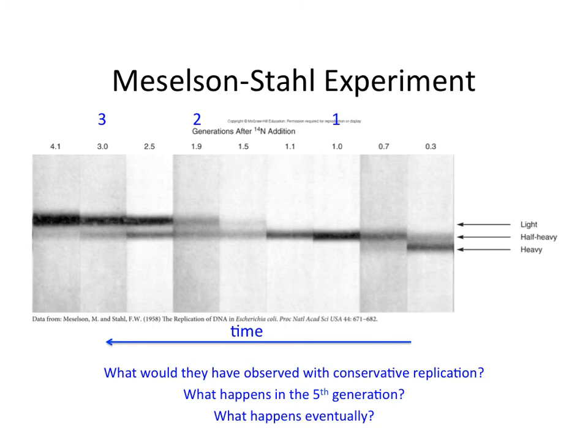It's there, it's just not prominent. Right, so there's still a half heavy band there. It's just really light compared to all of the new DNA that's been synthesized, that super thick, dark band up there. So what happens eventually? The bottom question: after generations equals infinity, what's the outcome of this experiment?